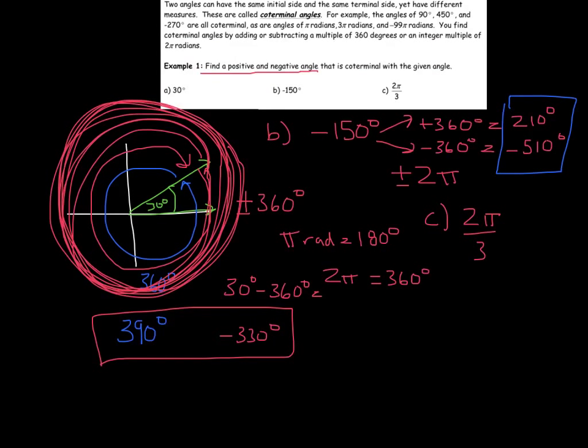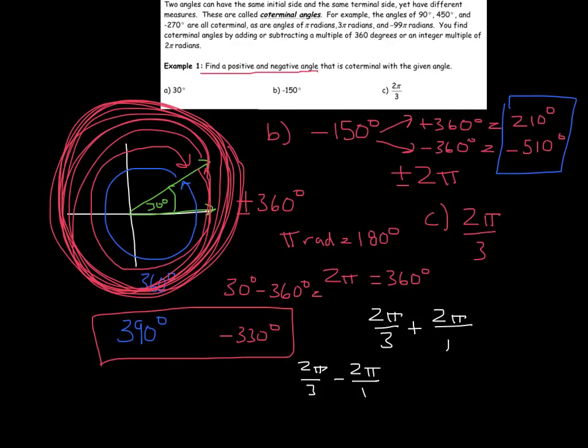So we need to take 2 pi over 3, and we need to add 2 pi to that. We also need to take 2 pi over 3, and we need to subtract 2 pi from that. Now, once again, what do we have to do in order to add fractions? We have to get a common denominator.